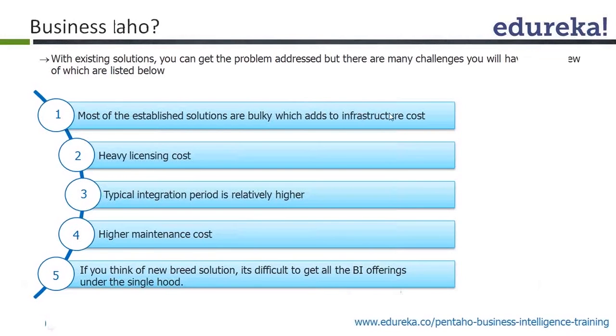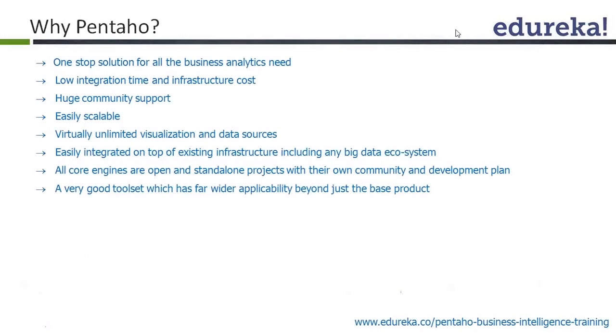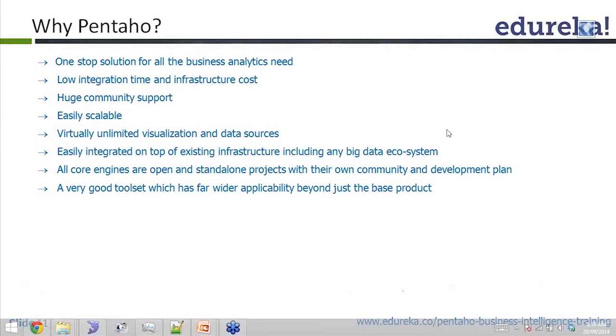So these are challenges faced by current BI solutions, and here, why Pentaho? Obviously the next question. So one-stop solution we have already actually indirectly covered. Low integration time, and so is infrastructure cost. You can work with commodity hardware. So they are definitely not high cost servers, and they are basically the one which typical configuration you buy for your domestic purpose, your desktop machines or your day-to-day laptops.